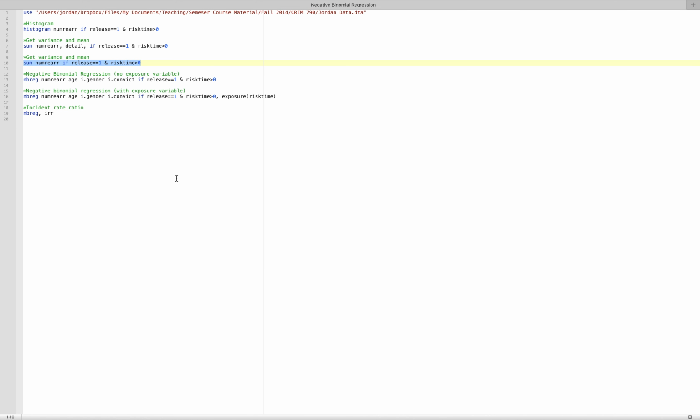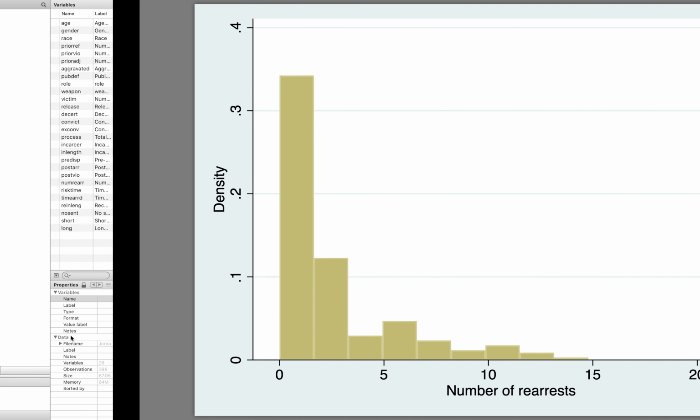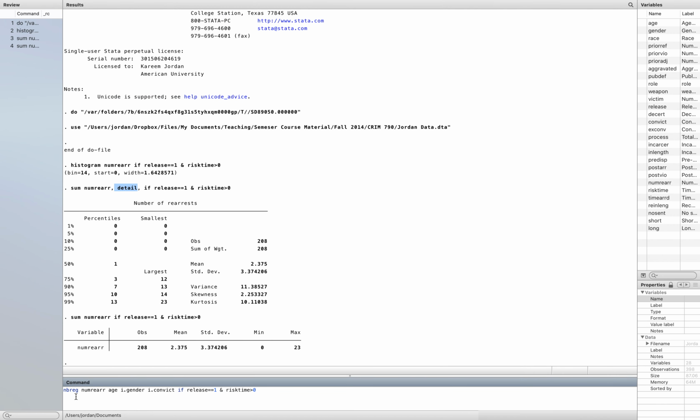Okay, so here is the syntax for a negative binomial regression. NB for negative binomial, and REG for regression.